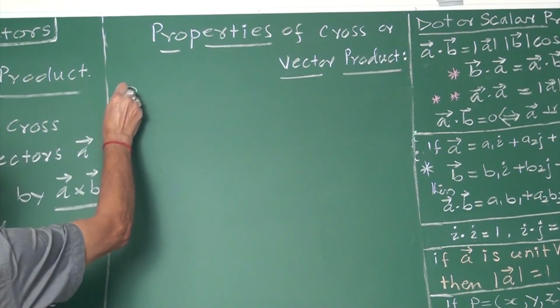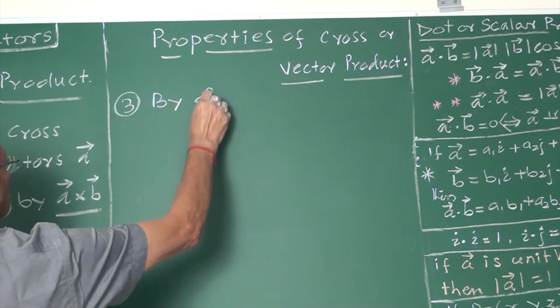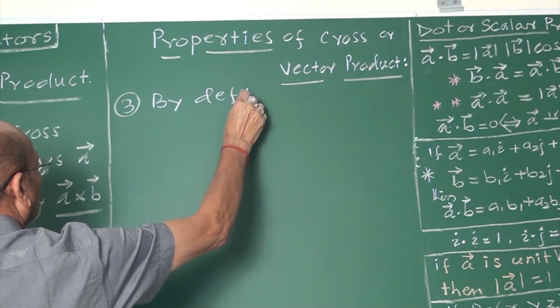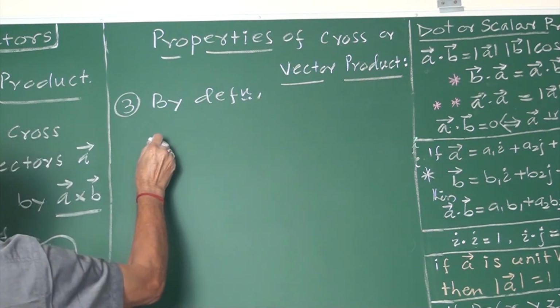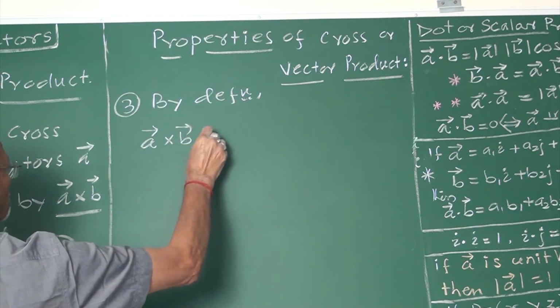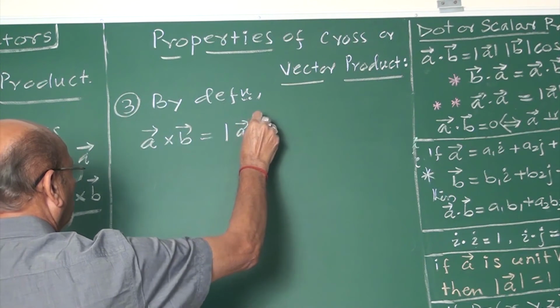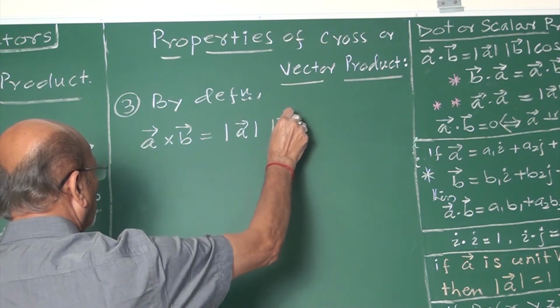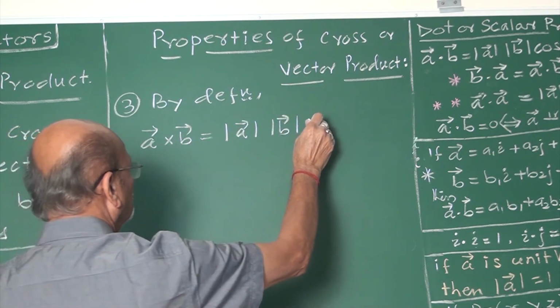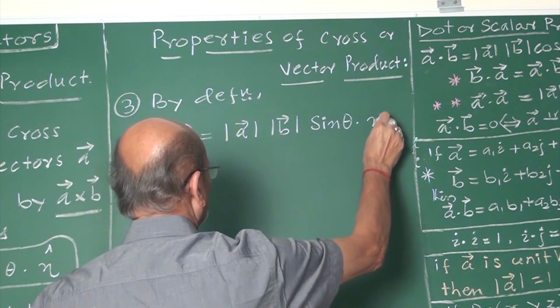By definition, A cross B is magnitude of A into magnitude of B into sine theta into eta cap.